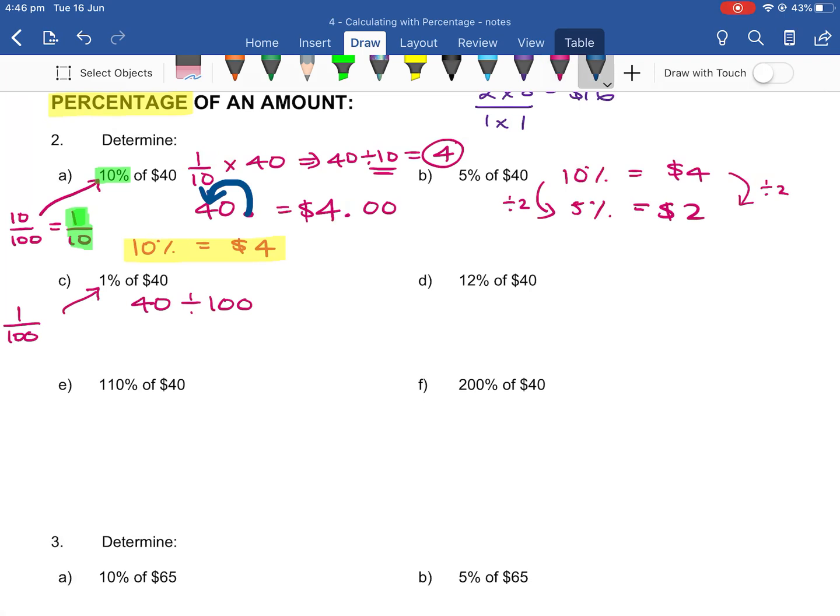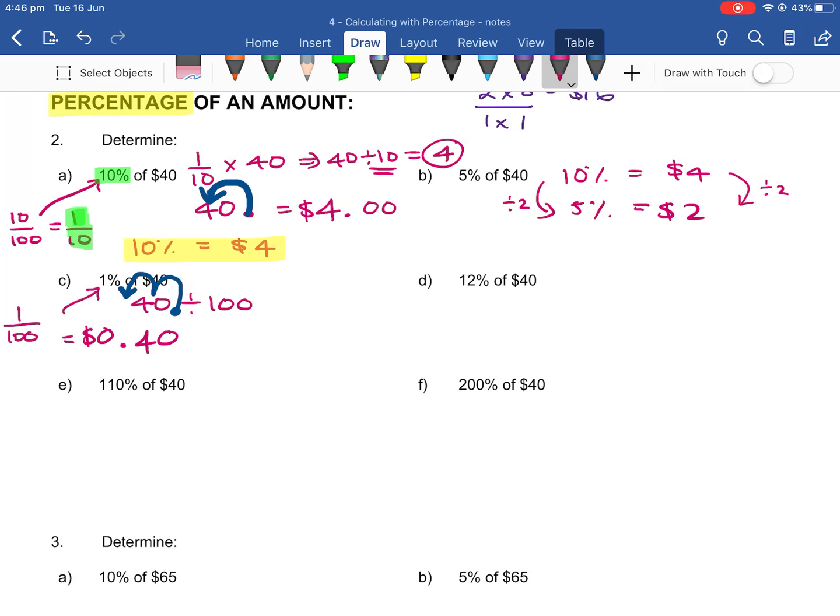Now, if we think about 40 as a decimal point at the end, a whole number, and we divide by 100, which means we're going to remove 2 decimal places, and we're going to get 0.4, which means in terms of dollars, 40 cents. So 1% is dividing by 100. This is really helpful, again, when we're trying to work out more percentages.